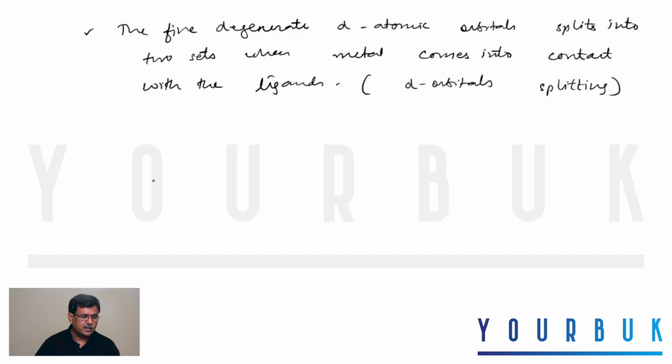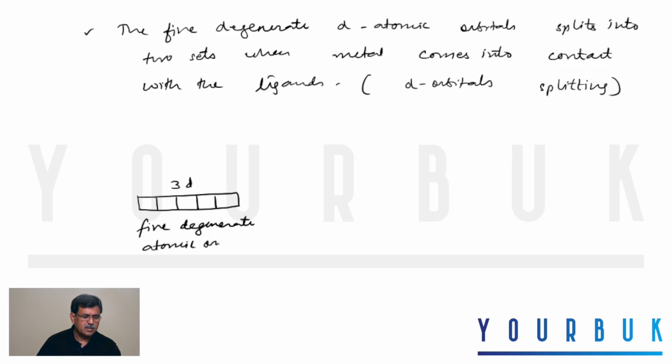Now this is the splitting diagram. These are the 5 degenerate d atomic orbitals in the absence of ligands, in an isolated gaseous metal atom.